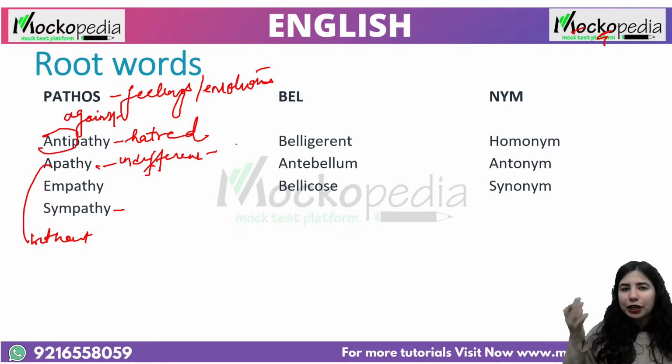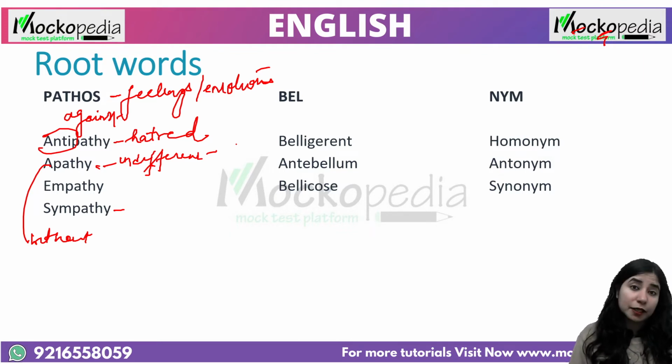I'll give you an interesting tool to remember it. Say for instance, you get a backlog, god forbid, and your friend gets a backlog too, so you can feel what the other person might be feeling. That's empathy. Or a friend gets a backlog and you tell him, okay boss, it's fine, just relax, take a chill pill, work hard next time, I'm sure you'll be able to clear it. That's sympathy.